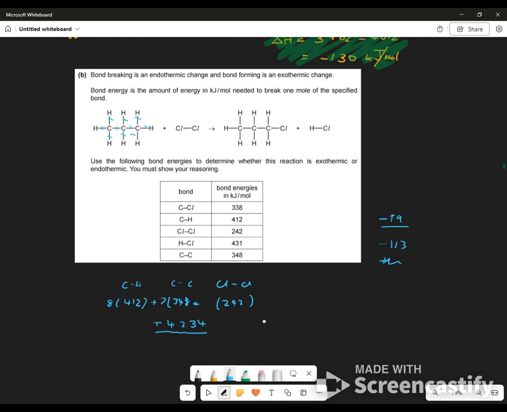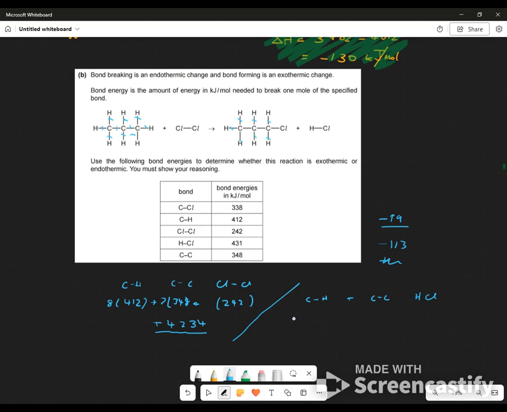That's what I get. Now, the energy out, I've got to do CH bonds again, CC bonds again, and an HCl bond this time. How many CHs are there? 1, 2, 3, 4, 5, 6, 7.